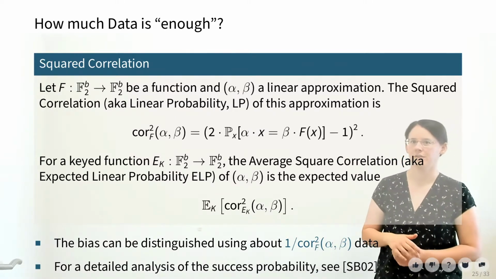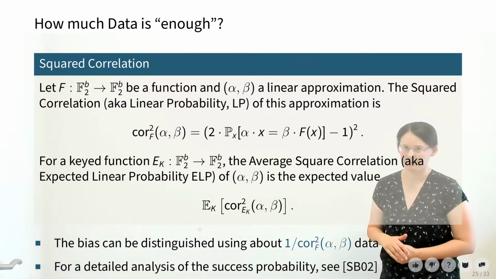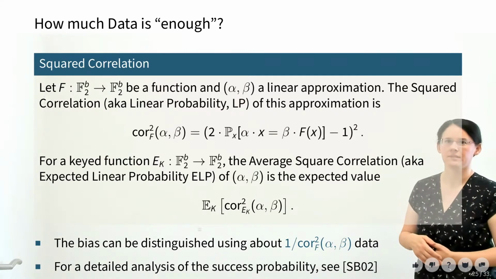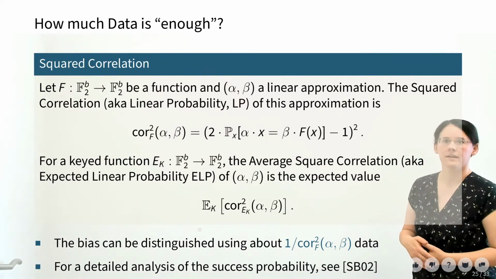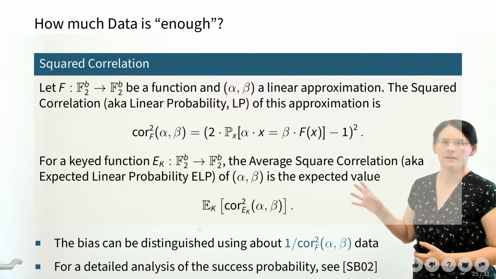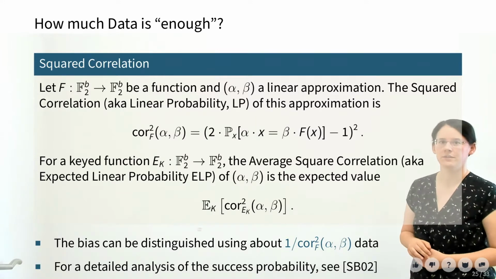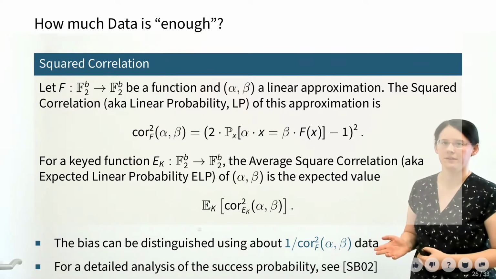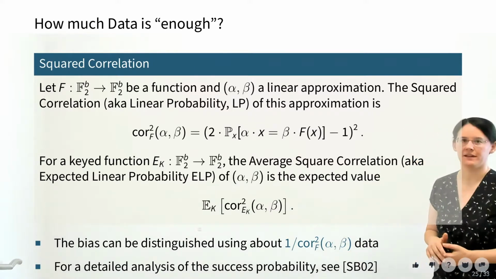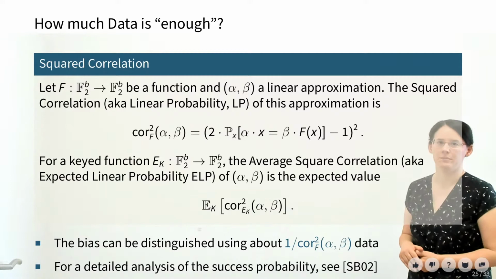Because we saw that the complexity depends on the squared bias, or in other words, on the squared correlation. If we know this correlation, then we can distinguish this from the random case, so from the wrong key candidates, with a complexity of approximately 1 divided by the squared correlation of the approximation that I have.